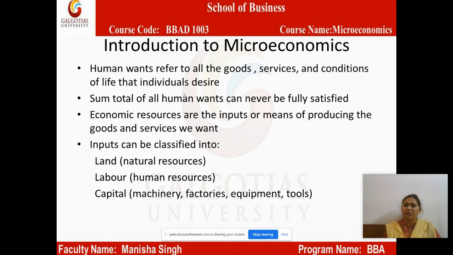And the main problem of economics is the problem of reconciling unlimited human wants on the one hand and limited resources to fulfill those wants on the other. Okay, so this is the starting point of economics, what it tries to do.